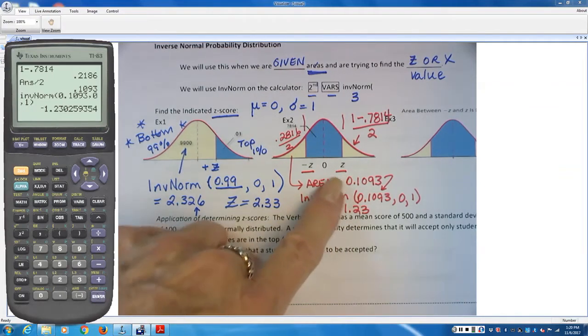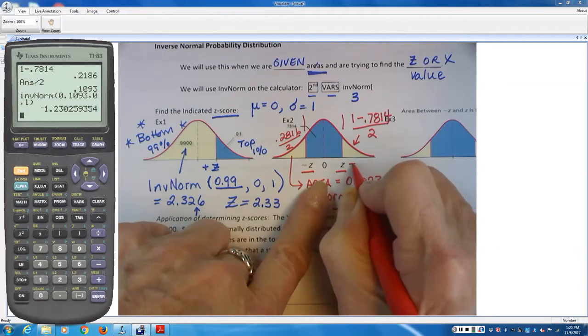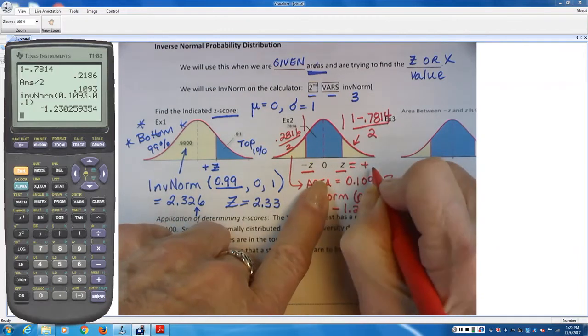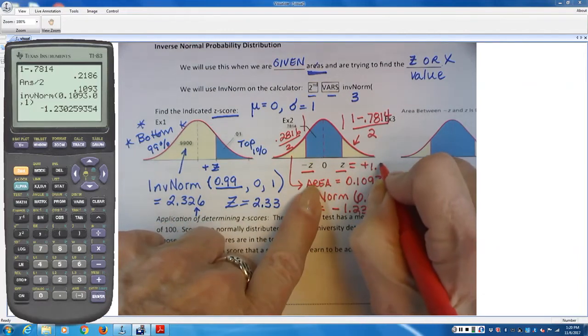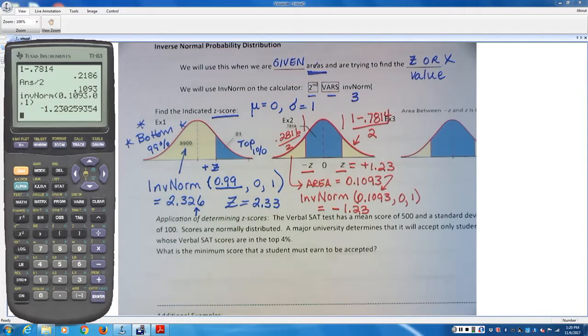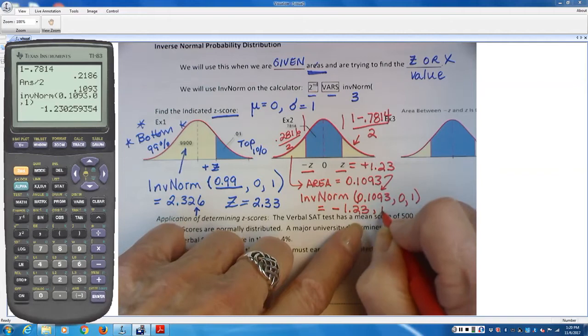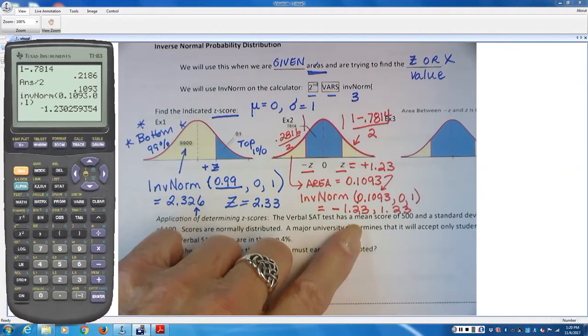But the other z-score is the exact same thing except it's positive. And that's because of your symmetry rule about the normal probability distribution. Would it be okay to put that answer as z equals negative 1.23 comma 1.23? That'd be fine. You don't have to put the positive sign. So once you've got this one, you know the other one. Okay?